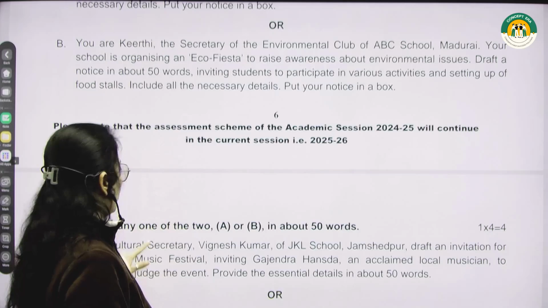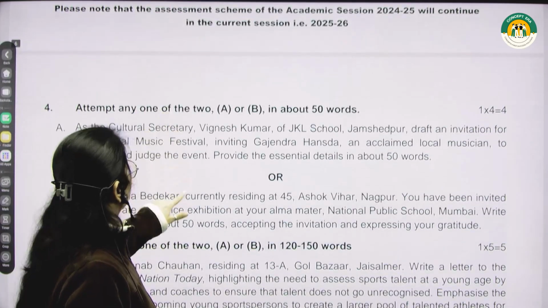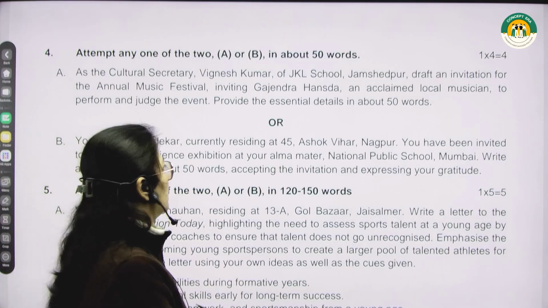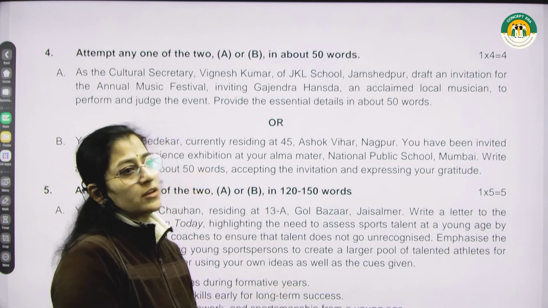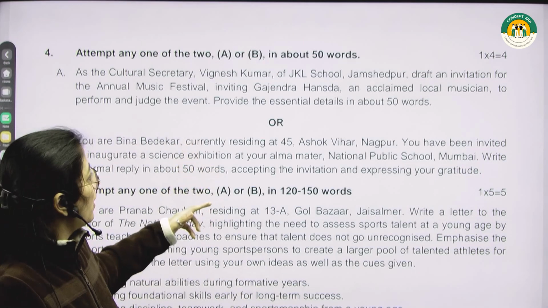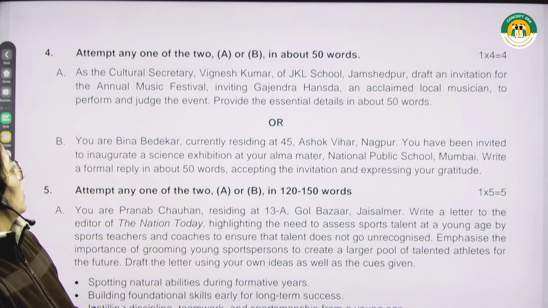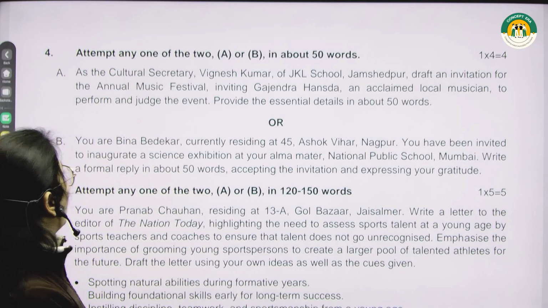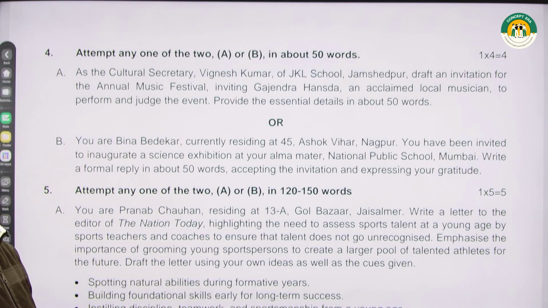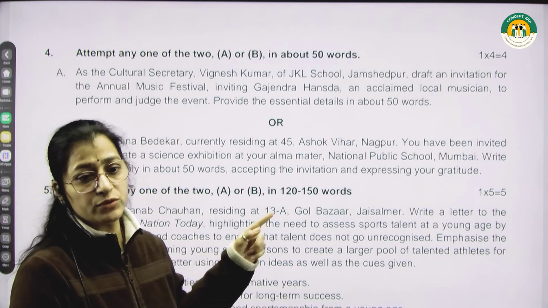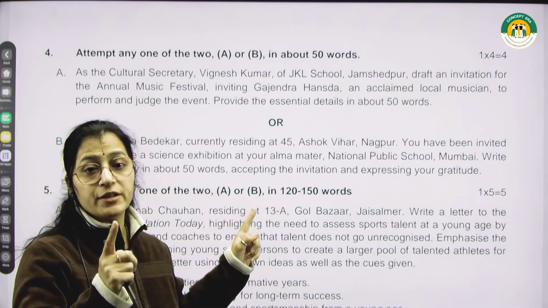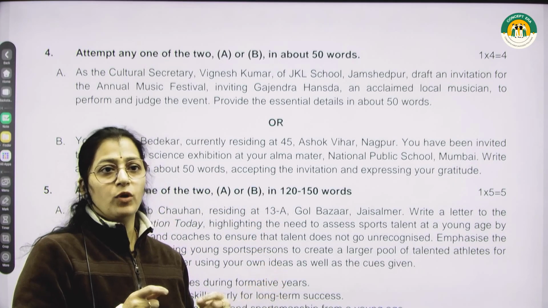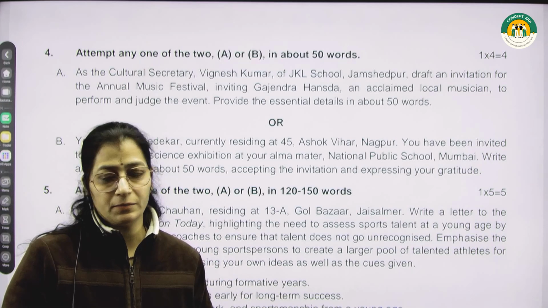Now moving again to question number 4. Yes, question number 4 again carries 4 marks. Here also you will get an internal choice, A and B part. It is asking you to draft an invitation for the annual music festival. Invitation always gives you a puzzling idea about what format you are going to follow here.